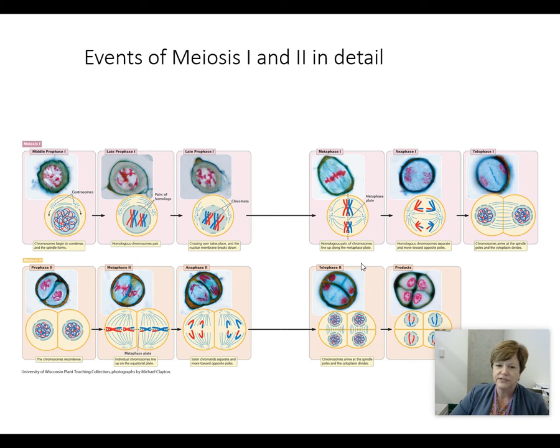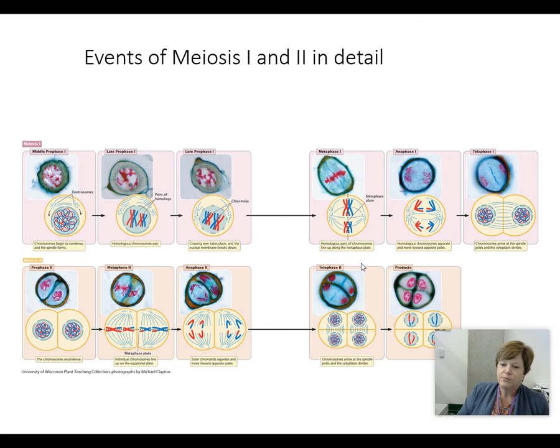That's not meaningful. It's just the choice the artist made. What's important is how the chromosomes are lined up at the metaphase plate. In metaphase 1, they're still in their homologous pairs, and you can see that the metaphase plate splits down the middle between the homologous pairs.